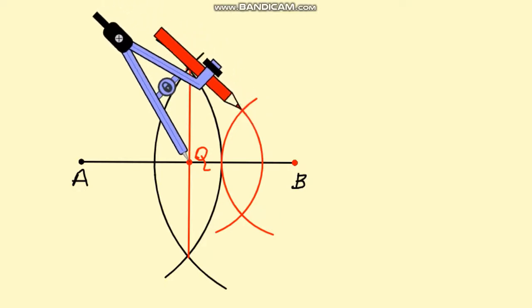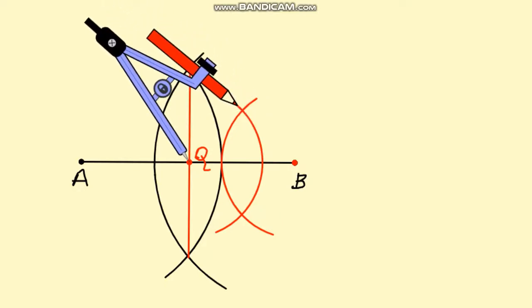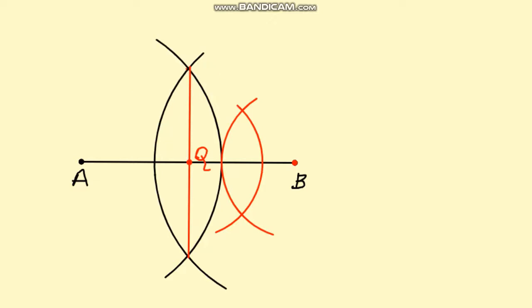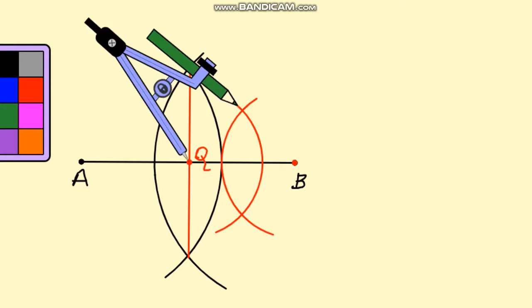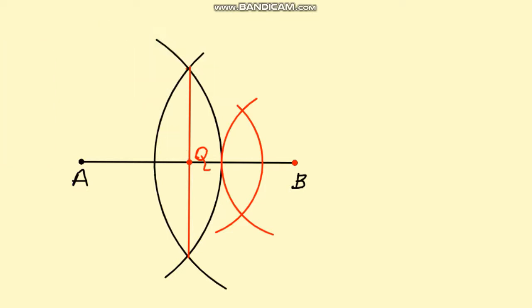Now see, you'll get 2 points, above AB and below AB, that is this point and this point. Let me take another color so that it will be easy for you to locate. Here you have got 1 point and here you have got 1 point.